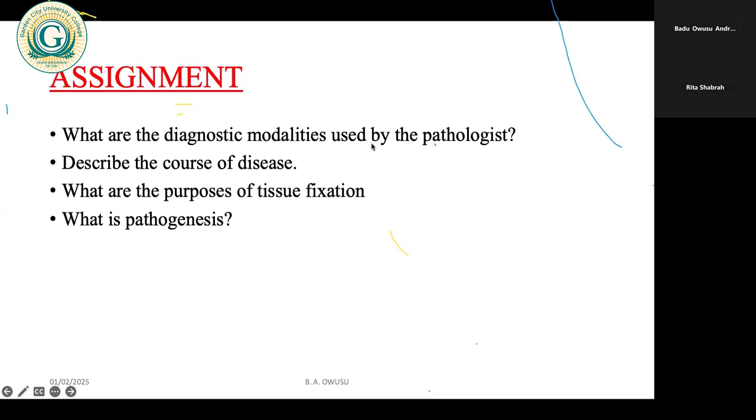So after the doctor has confirmed the patient as clinically dead, do you also have to wait for the pathologist so that he too comes to make his investigations in order to confirm?